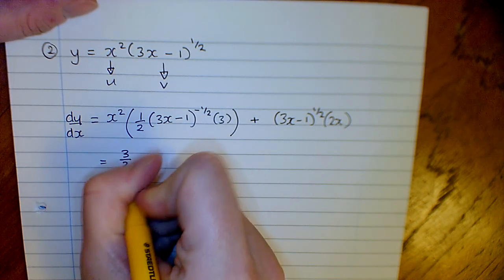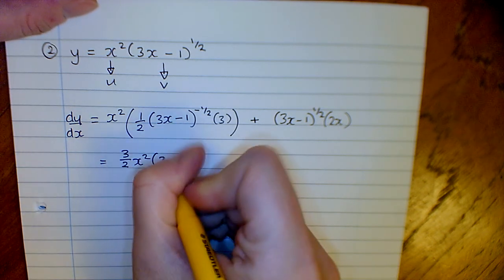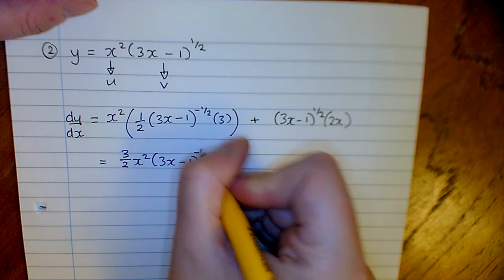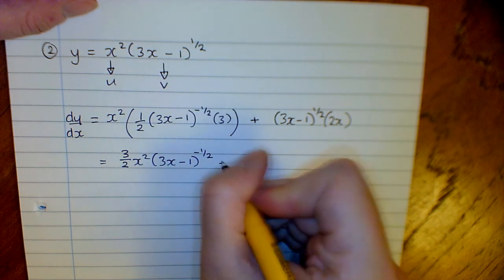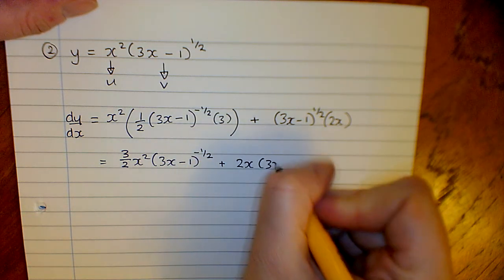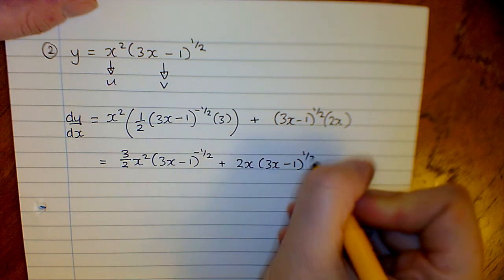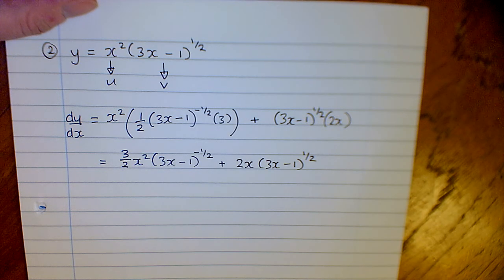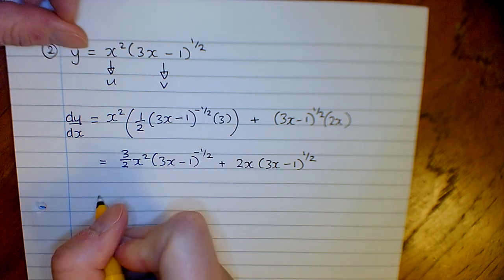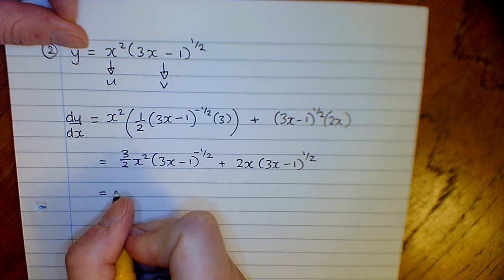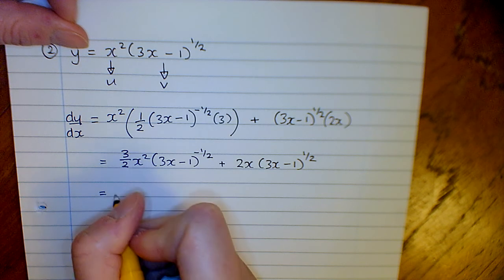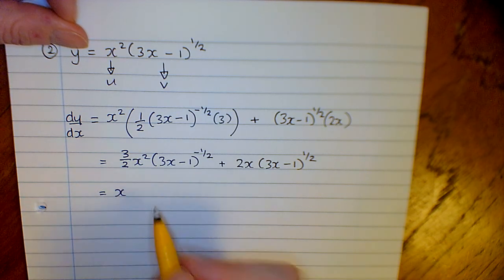Okay, so again now it's the tidying up that sometimes causes an issue. So we've got 3 over 2 x squared upon (3x minus 1) to the minus a half plus 2x upon (3x minus 1) to the power of a half. So there's several things you could do here. I would take out an x.